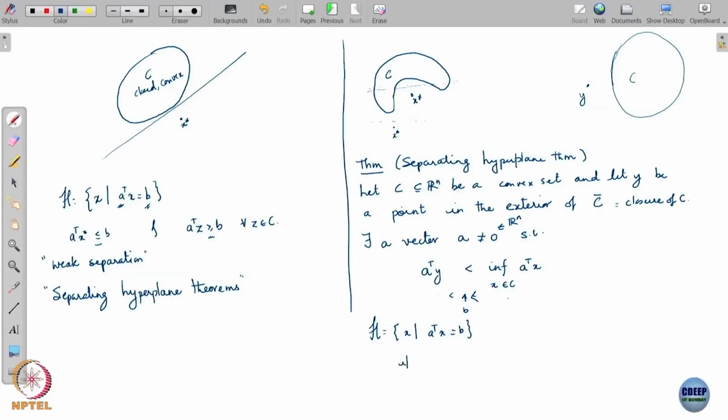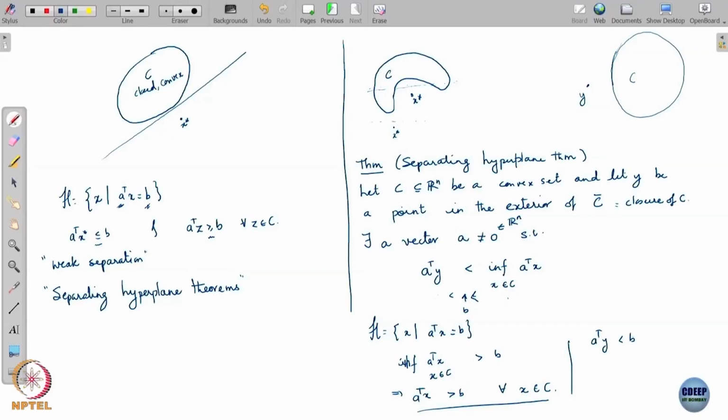Because we know that the infimum of A transpose X in C is greater than B, which means that A transpose X is greater than B for all X in C. So, the entire set C lies on one side of the hyperplane, and as far as Y is concerned, we know A transpose Y is less than B. So, it lies on the other side, right.